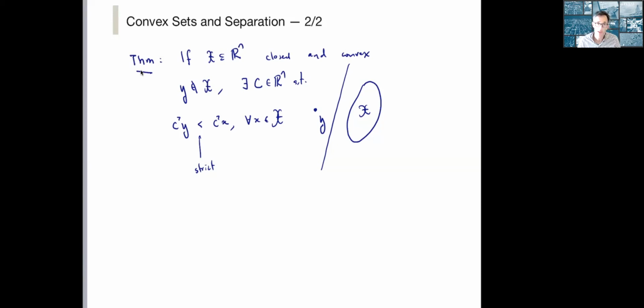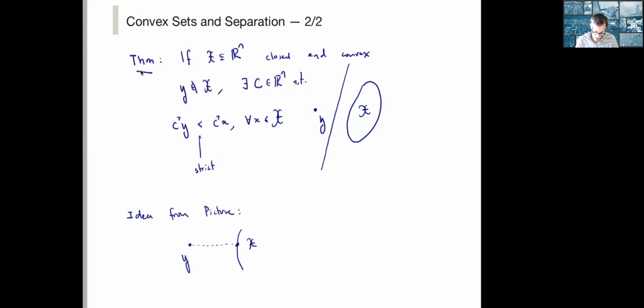Now, if we look at this picture, we already get the basic idea. Here's my point y. Somewhere off here is my set X. And note that, at least as the picture is drawn, I have a closest point in X to y.